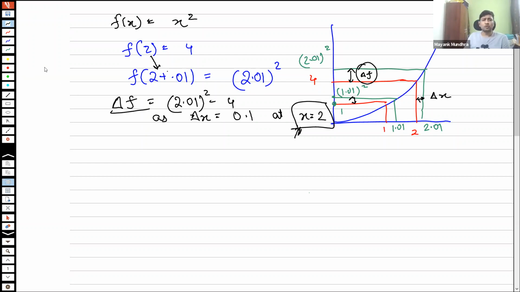So what I want to find here is, what is this change at this point exactly? Here I have found out the change for a finite delta x equal to 0.01 change in the input value.